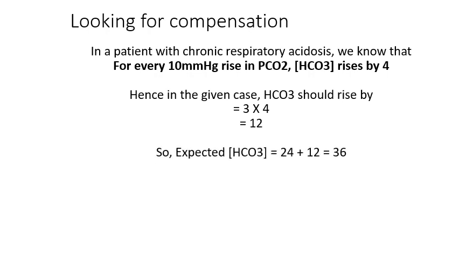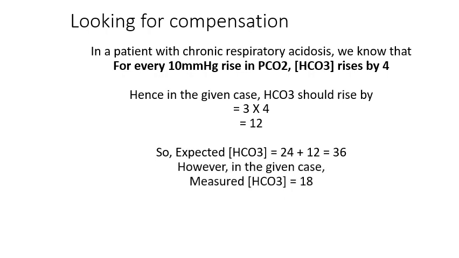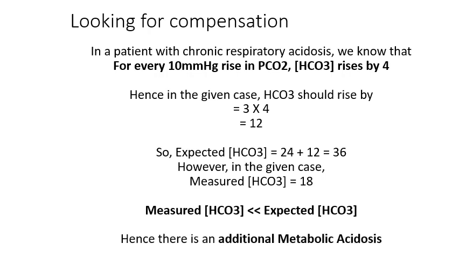So the expected bicarb is 36, that is 24 plus 12 is 36. However, in the given case, we have the bicarb value given as 18, which is much lower than the expected bicarb. So remind me of a condition in which we are losing bicarb. Yes, that is metabolic acidosis. So in this case, we have an additional metabolic acidosis, and the complete diagnosis becomes chronic respiratory acidosis with metabolic acidosis.